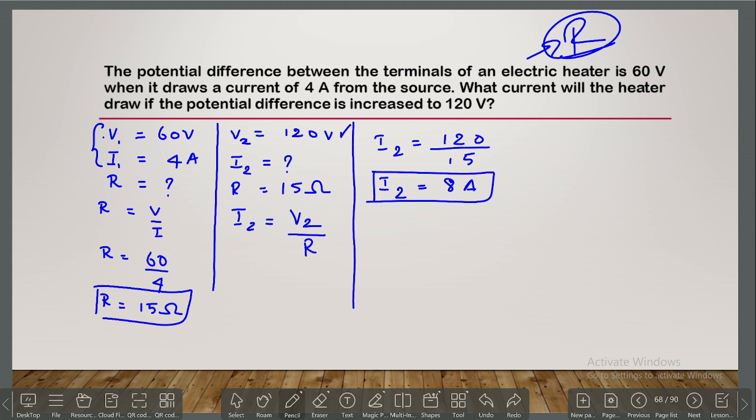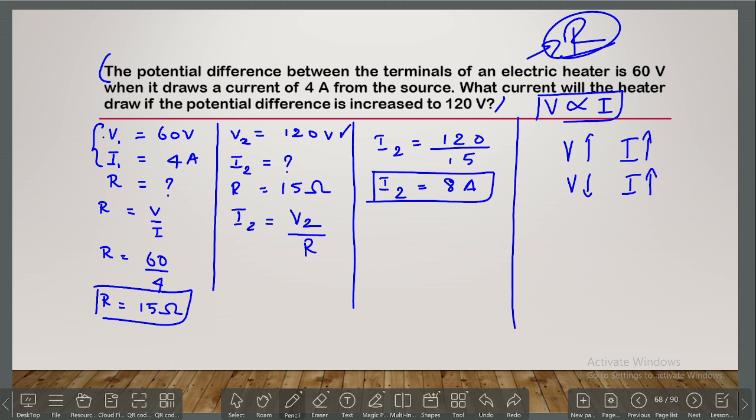Now, if it is asked for 1 mark, how can we answer directly? By using the Ohm's law relation. What is the Ohm's law relation? V is directly proportional to I. That states that if potential difference is increased, current flow will also increase. If potential difference is decreased, current flow will also decrease. So initially, look at the value of potential difference. 60 volt. By the time how much current is passing? 4 ampere.